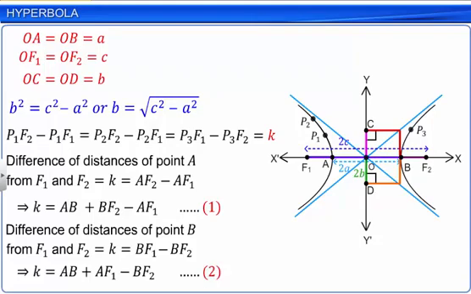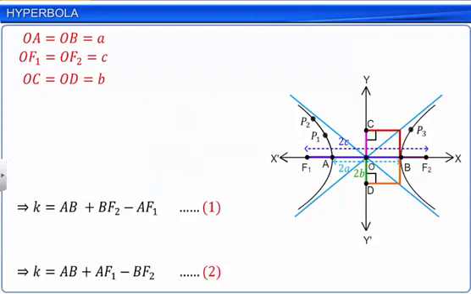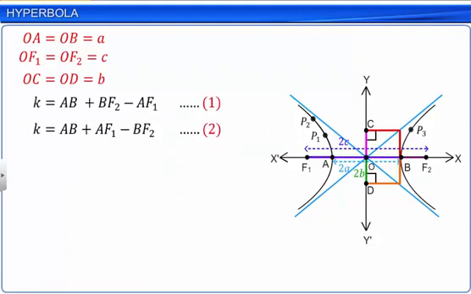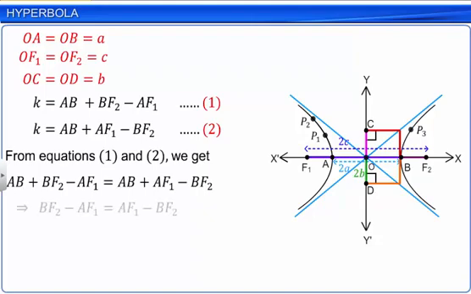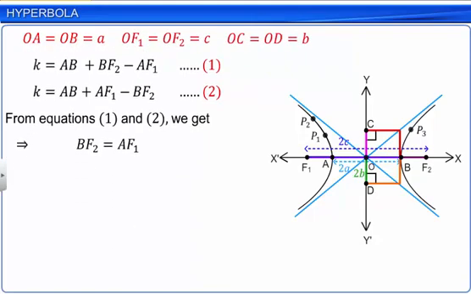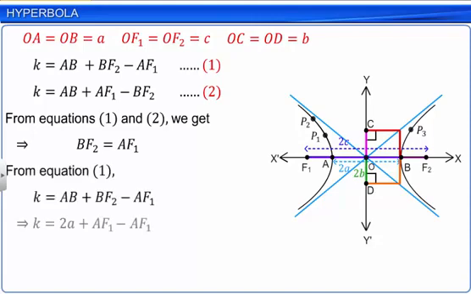Equating the values of k from equations 1 and 2 and simplifying, we get BF2 is equal to AF1. Substituting the value of AB as 2a and BF2 as AF1 in equation 1, we get the value of k as 2a. Similarly, from equation 2, we get the value of k as 2a.